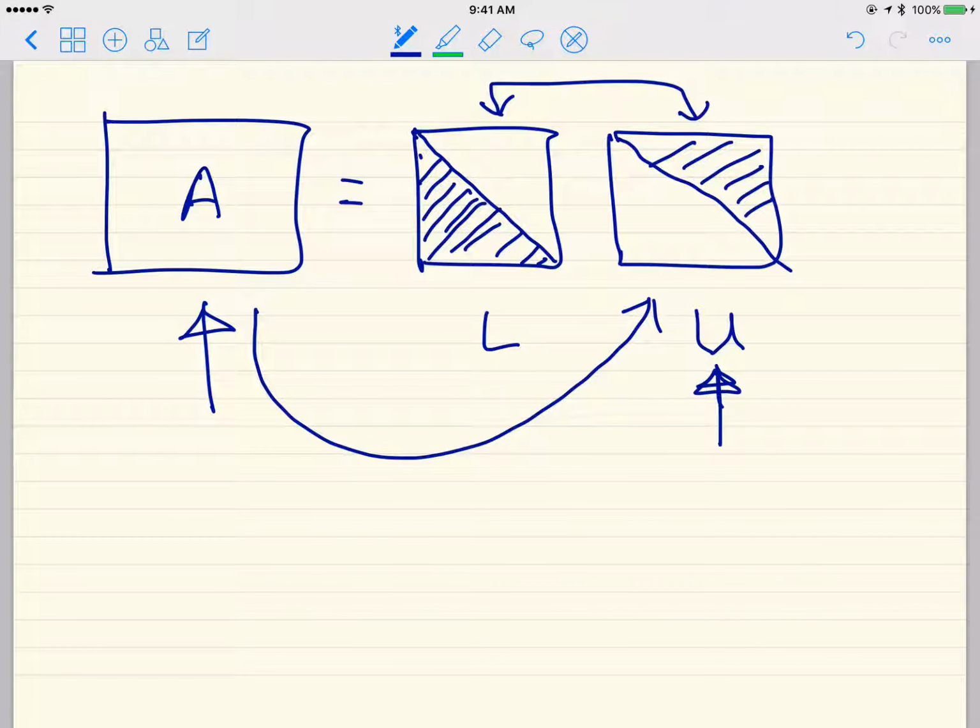And if you recall what we learned last time, we obtained a similar form of this.